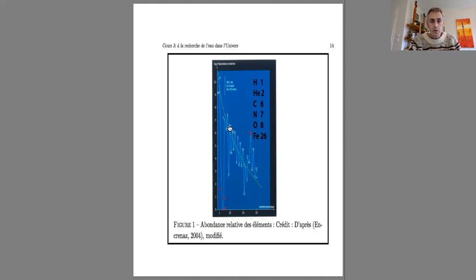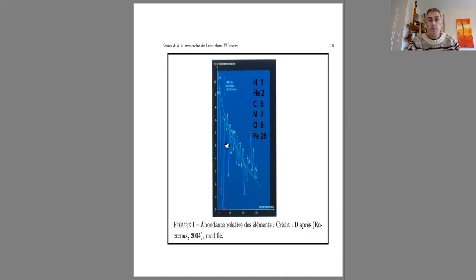I haven't explained the production of oxygen. There are many processes inside the cores of stars like this at even higher temperatures. We can't really go into all the astrophysical processes happening inside of stars.